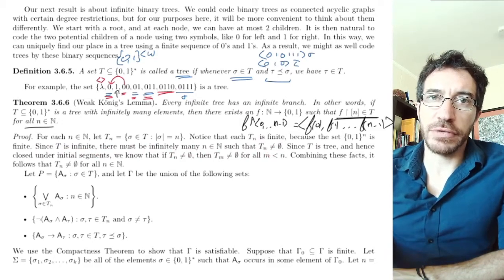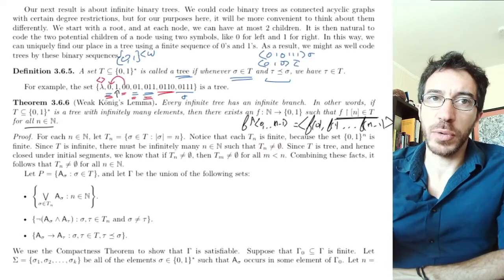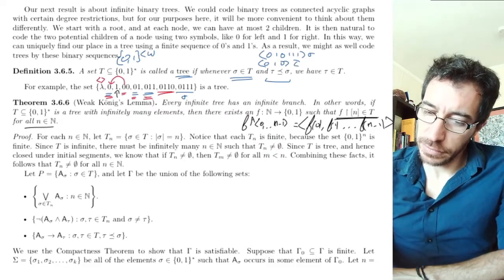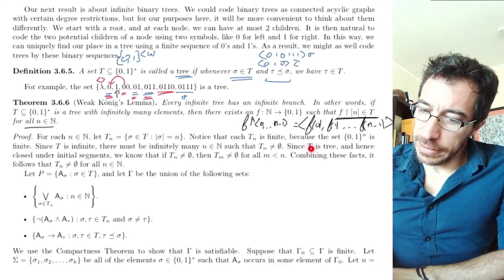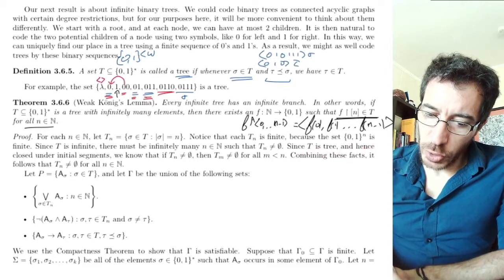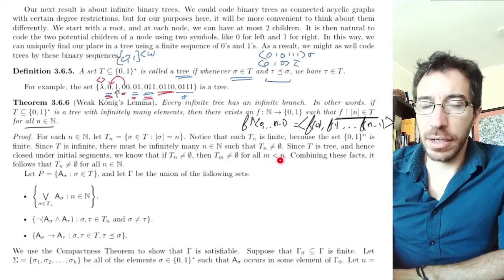Because each of them is finite, so if there are only finitely many of them which are not empty, then you have only finitely many elements. So that's why. Since T is a tree, and hence closed under initial segments, we know that if Tn is not empty, then Tm is not empty for all m below n.